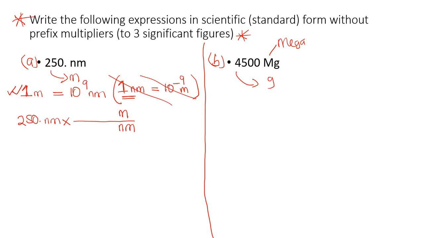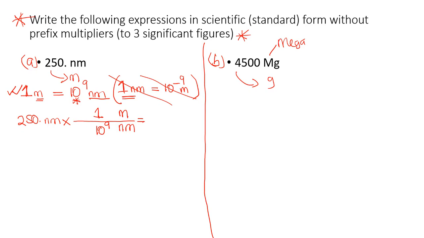I will learn more when we deal with conversion factors. But for now, this is what I want you to follow. Because there is this nanometer here, it will cancel with the nanometer above there. This nanometer goes with 10 to the 9, so I'll put 10 to the 9 here. This meter goes with 1, and I'll put 1 here.